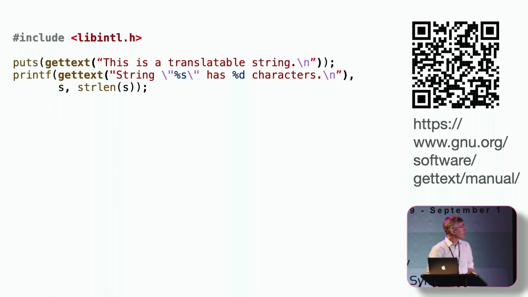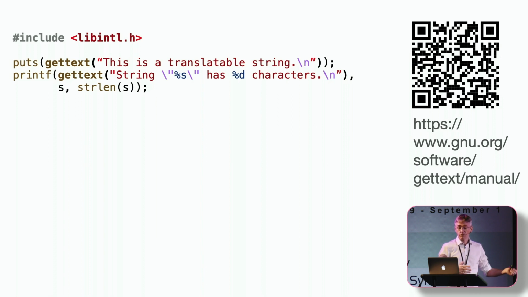So here we have C. I'm using bold for the bits that regard internationalization to highlight the signal-to-noise ratio. And the features of gettext are that, as with Qt, the original English text is the key for the lookup in the translation table. So the programmer intent is clear.